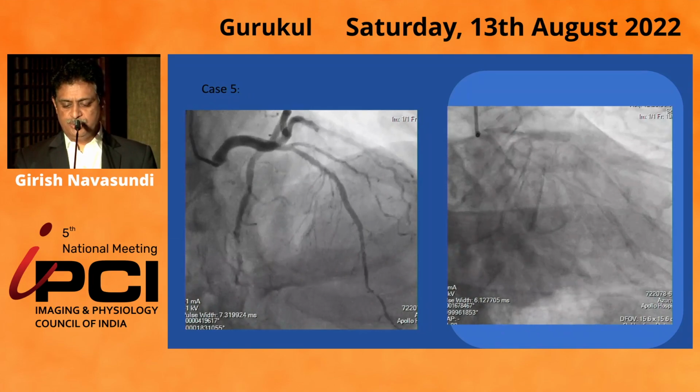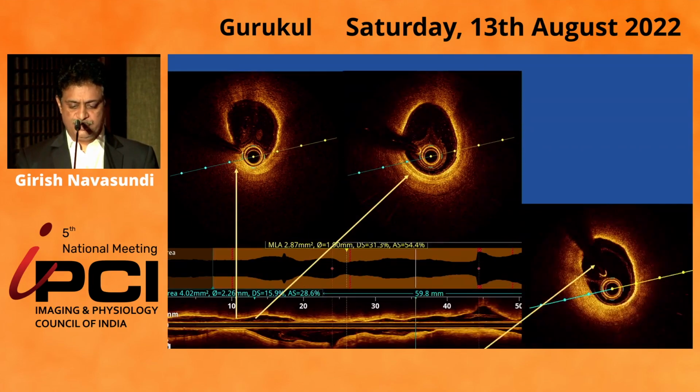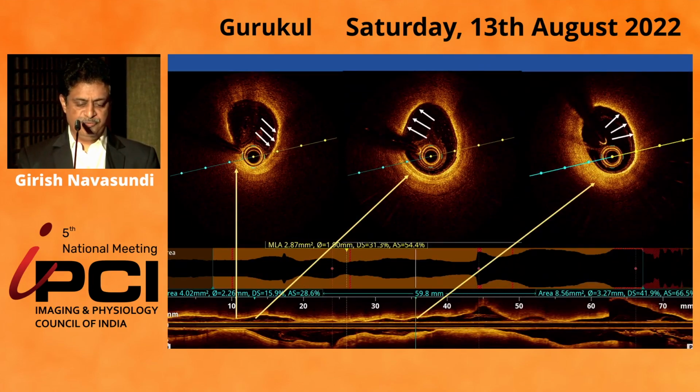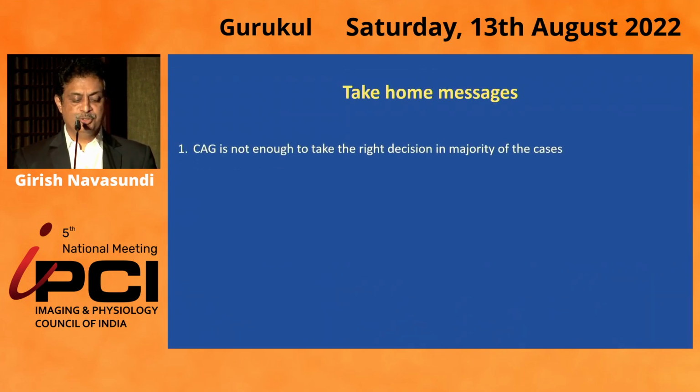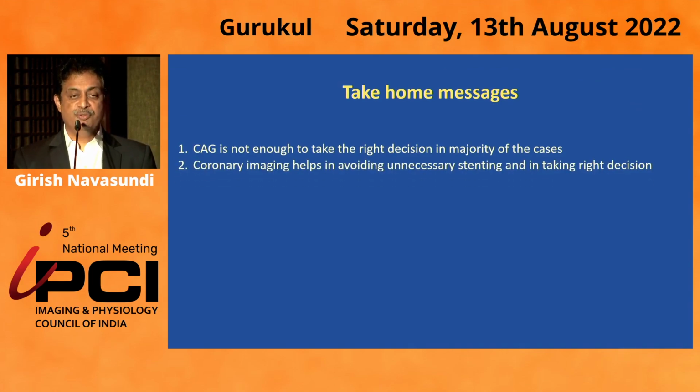Okay. Eventually, to conclude, what I would like to tell you, this is another image of TCFA, and take-home message would be that angiogram is not enough to take the right decision in majority of the cases, especially if you think the disease is diffuse. Coronary imaging helps in avoiding unnecessary stenting and in taking right decisions.